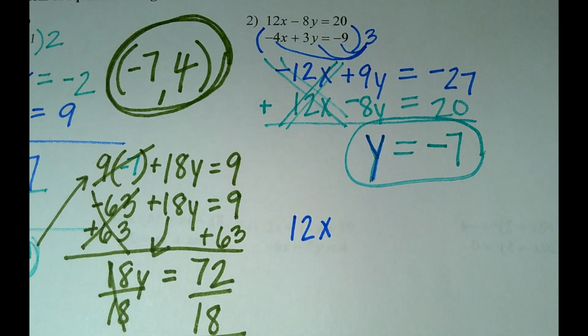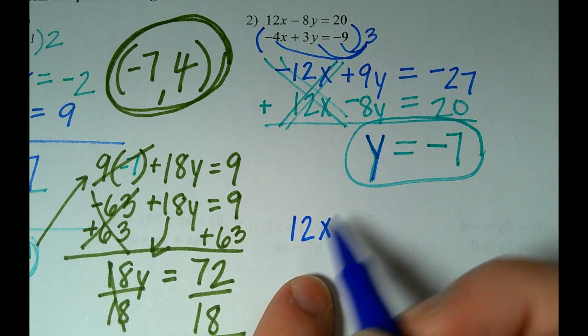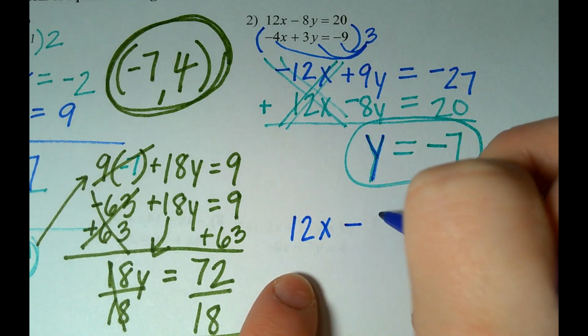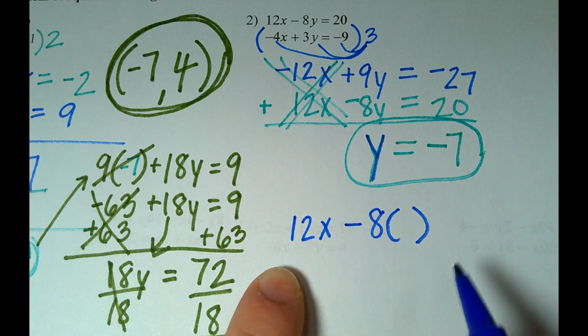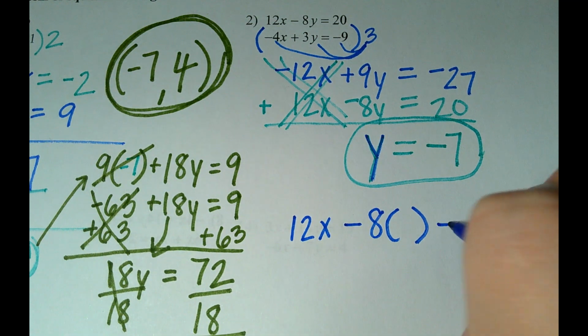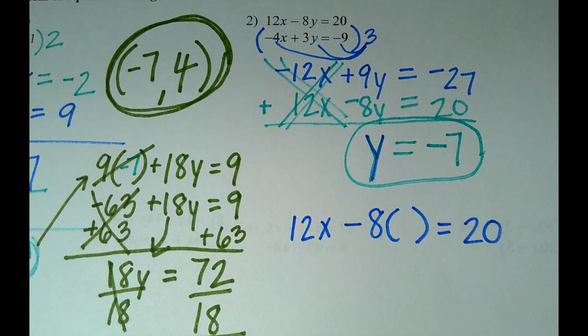Exactly, perfect. So I'm going to write 12x minus 8, and I'll leave a space for my y, equals 20. Okay, and what am I writing instead of y? Negative 7.